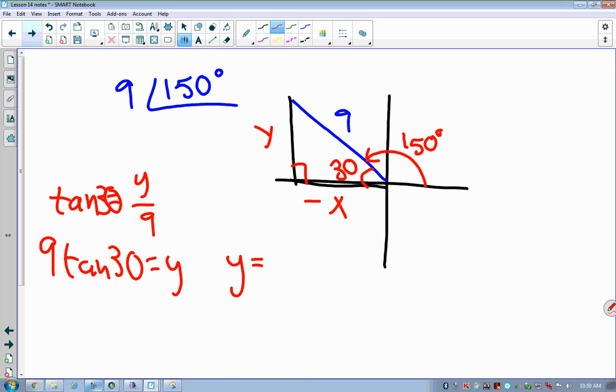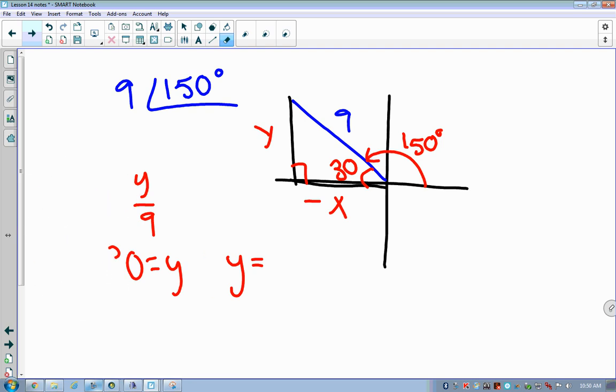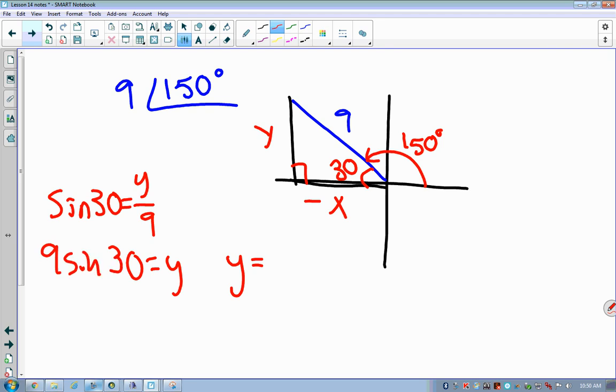Well, I have 5.19. 9 sine 30? Oh, hold on. I way messed up. That should be sine, because it's opposite over hypotenuse. So, sorry, sine 30 equals y over 9. 9 sine 30 should be what, 4.5?